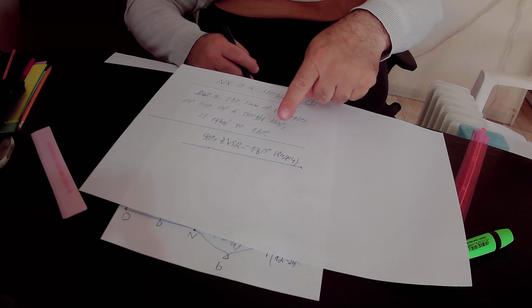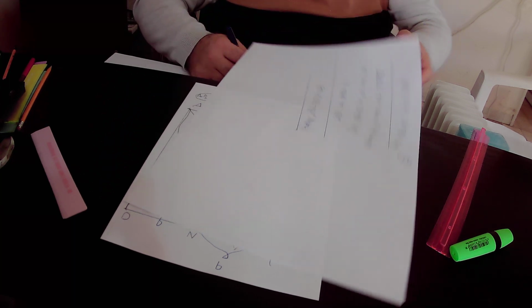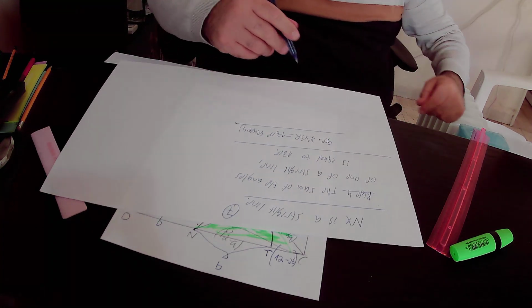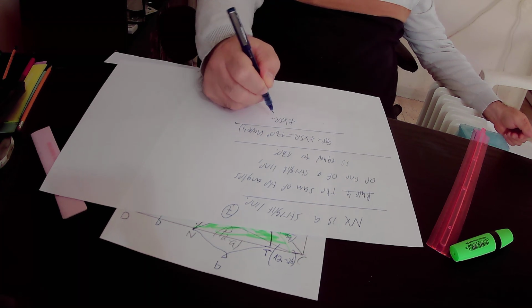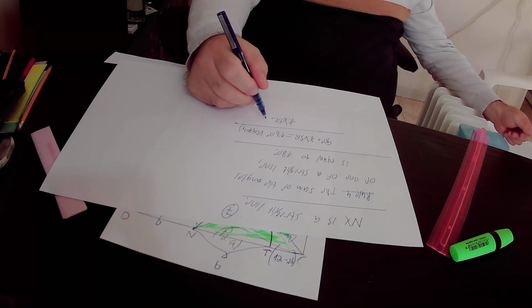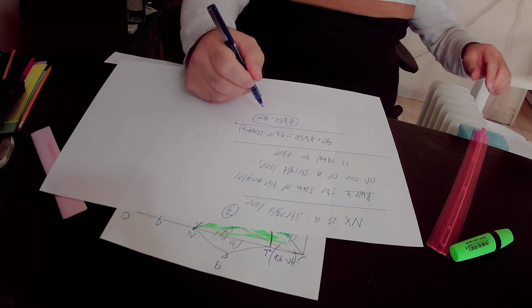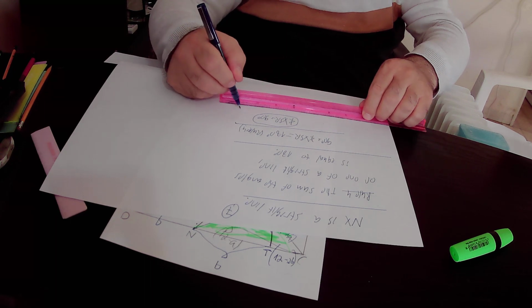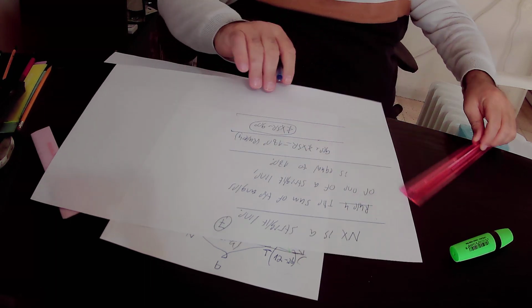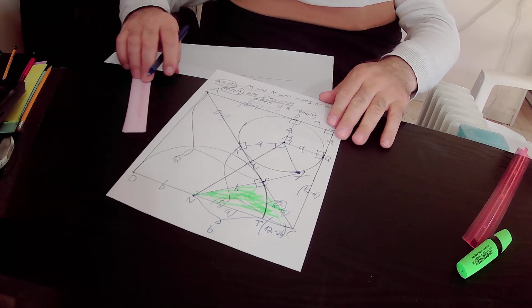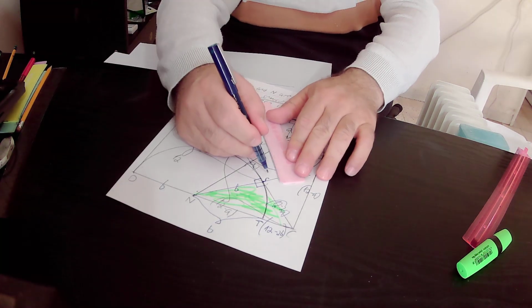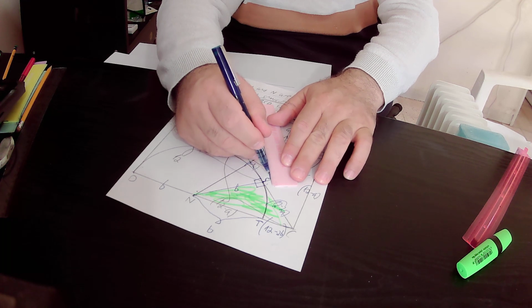We'll subtract 90 degrees from this equation and we'll get that angle XSR is equal to 180 degrees minus 90 degrees, which is 90 degrees. So we found out that angle XSR equals 90 degrees. We can write here that this angle is a right angle, it equals 90 degrees.